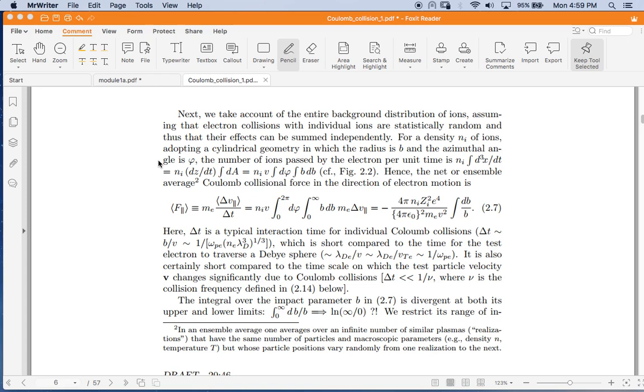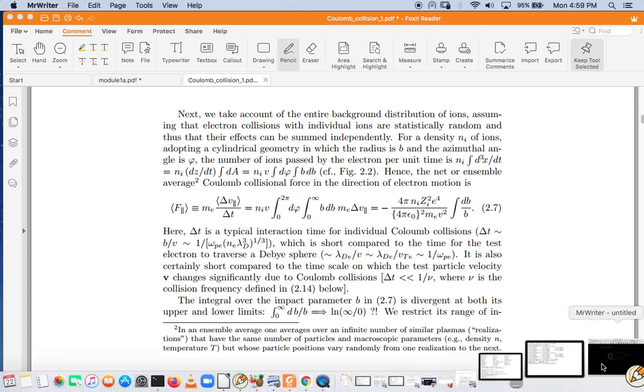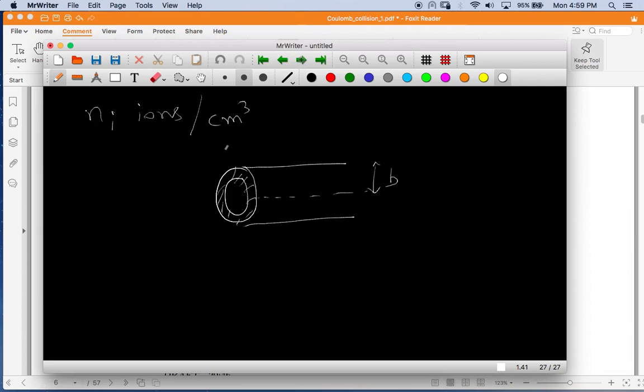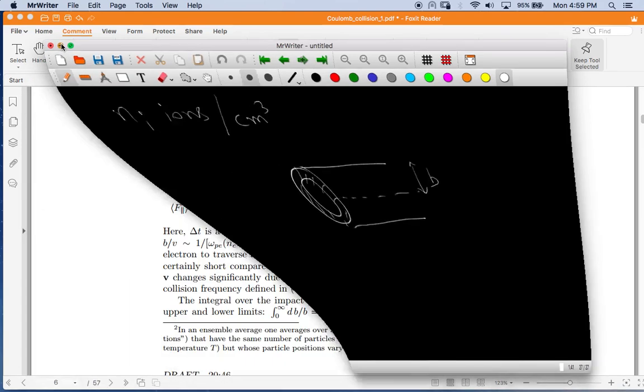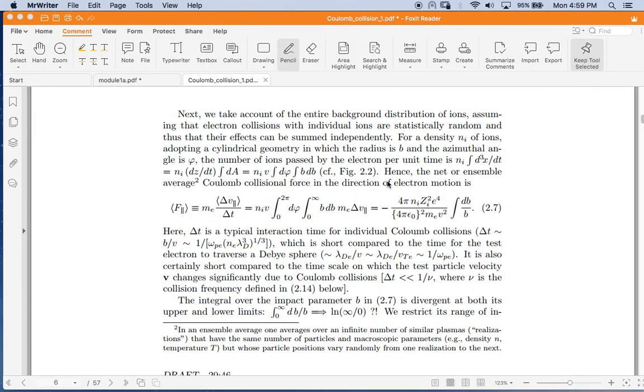Why cylinder? Because if you are outside of the cylinder, the collisions don't matter. If you're well outside this, it's only within the impact parameter that it matters. Therefore, the number of ions passed per unit time is this: Ni times, and Ni is per unit volume, and this is a three-dimensional integral, which is why it's written as d cube x.